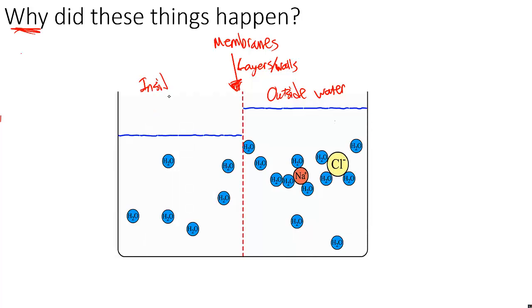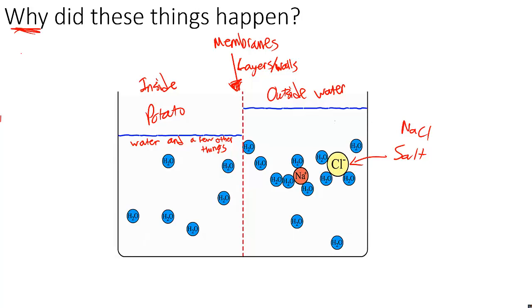So we have the outside water where we added something like salt, which is NaCl. You don't need to know what that means, just know that it's salt. And inside the potato we just have water and a few other things. Because inside the cells, we've got organelles, we've got a bunch of other stuff. But we're just going to pretend it's water for now, so it's easy to think about.